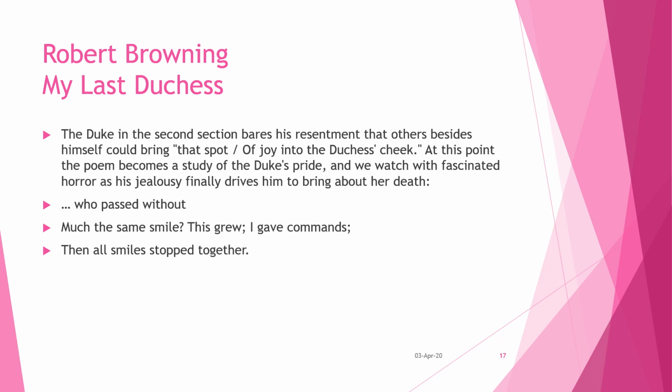The Duke in the second section bears his resentment that others besides himself could bring that spot of joy into the Duchess' cheek. At this point, the poem becomes a study of the Duke's pride, and we watch with fascinated horror as his jealousy finally drives him to bring about her death.